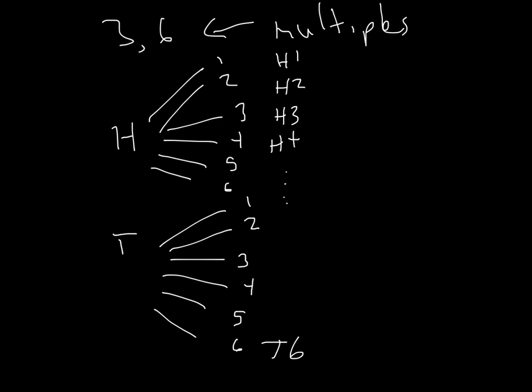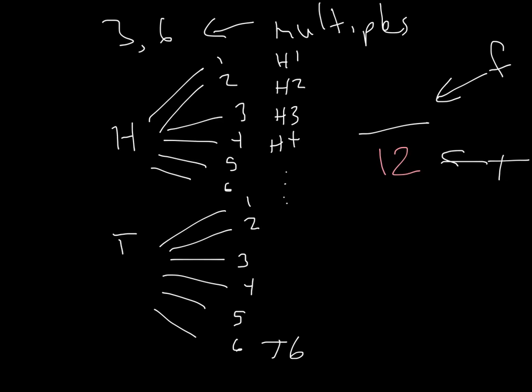Well, in order to know probability, we need to know 2 things: favorable outcomes and total outcomes. Total outcomes is easy. We can just count those right now. 1, 2, 3, 4, 5, 6, 7, 8, 9, 10, 11, 12. 12 total outcomes. How many have heads?